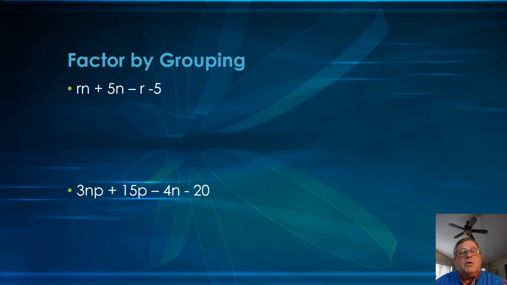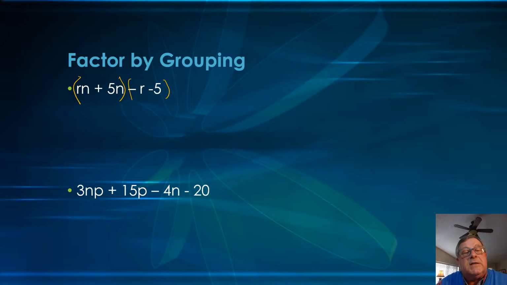And in this first one, at least, it makes it kind of easy for us. But let's put these into 2 groups. And we're going to group this as rn plus 5n and negative r minus 5. And we're going to consider those 2 individually and see if we can factor out a common factor.